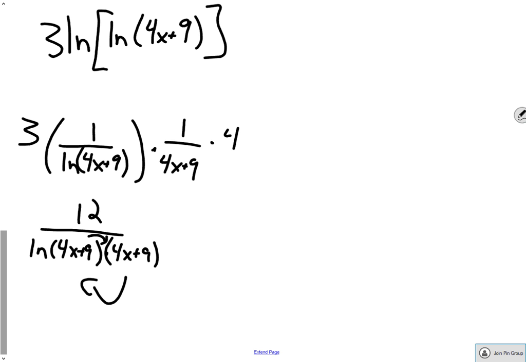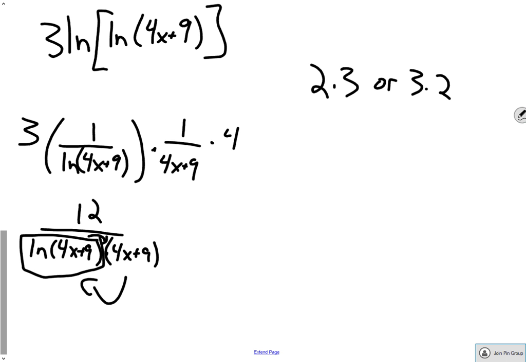Does it matter if I write 2 times 3 or 3 times 2? No, it's multiplication. You can put it anywhere you want, because the answer is 6. 4x plus 9 squared, no, this is something different. That's the natural log of just this here, so that's its own independent number.